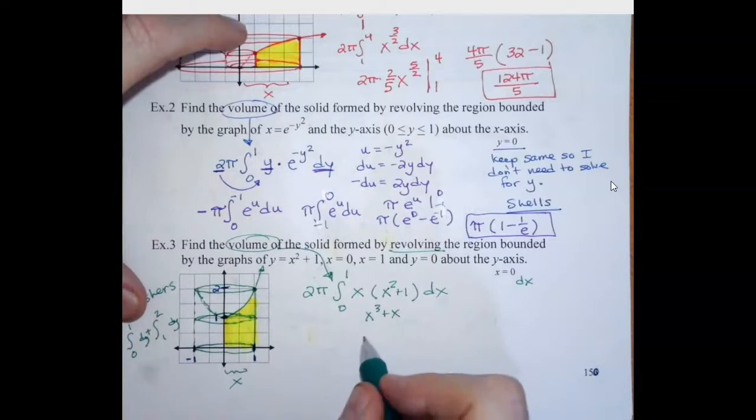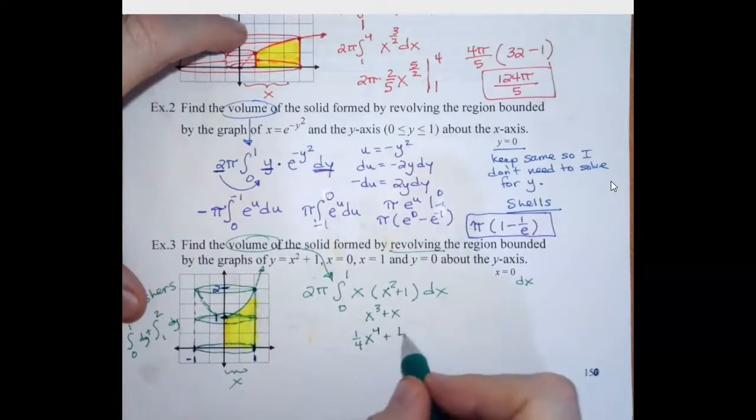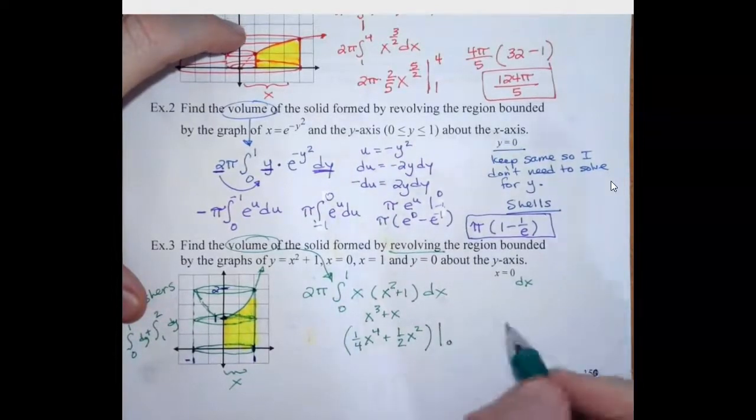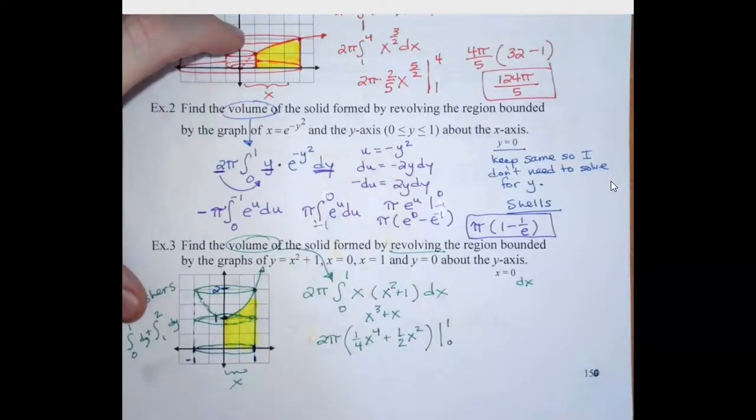So if we integrate that, that's going to be add 1 to the exponent, divide by the new exponent. Same thing over here, and this is going to be 0 to 1. Alright, and that's going to be 2 pi. Okay. So if we plug in 1 here, we're going to get 1/4.